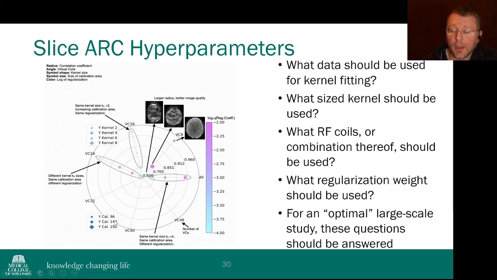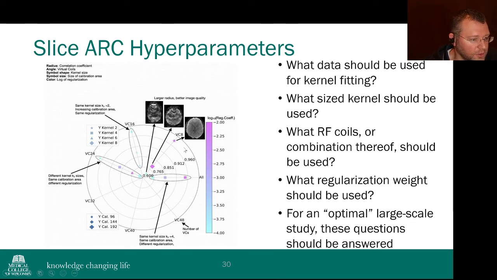Interestingly, as we went through the data, there was almost no difference in ARC when you were looking at those X components. That comes down to the algorithm, I believe, where they're actually performing a Fourier transform in that frequency encoding direction prior to fitting the ARC kernels. But that's an interesting thing here, nonetheless.